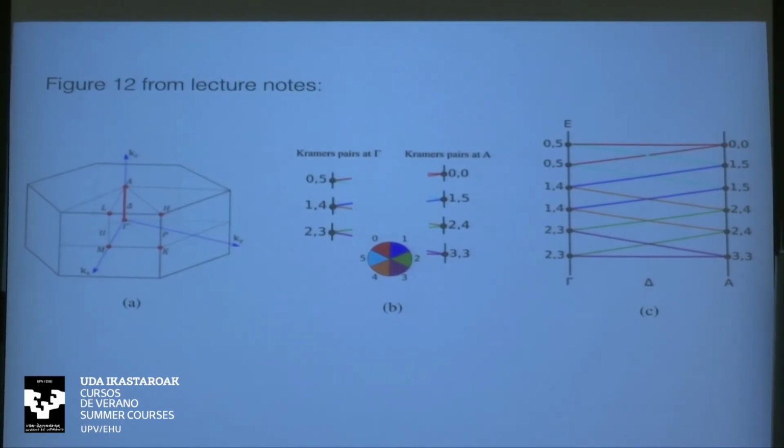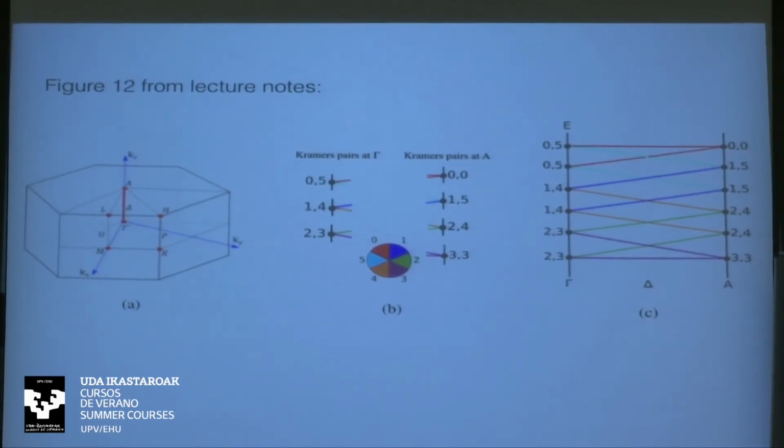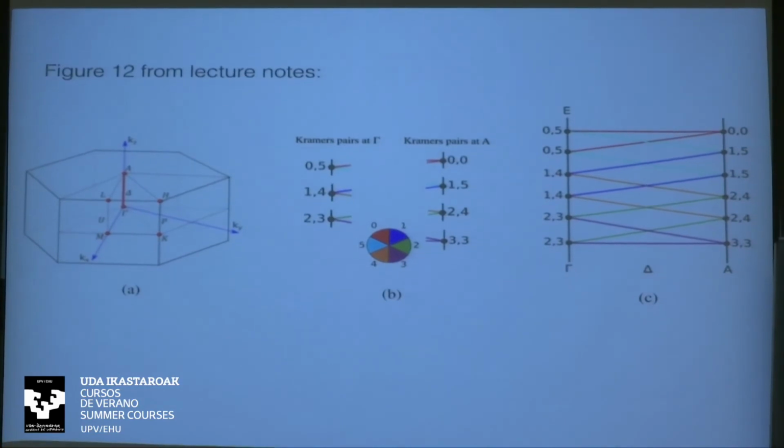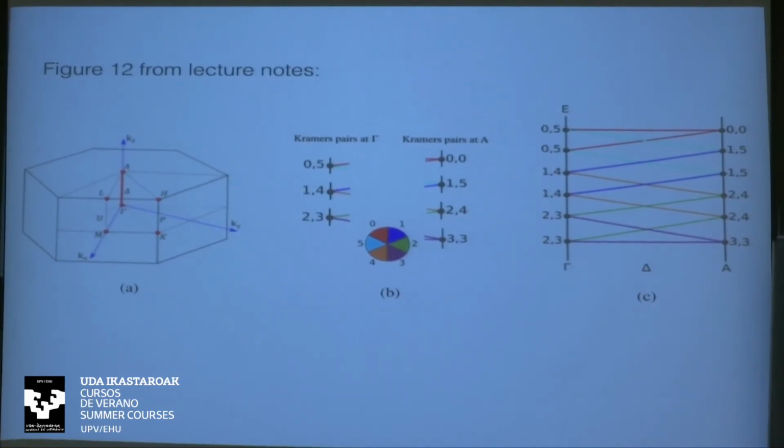And okay, I'm not going to repeat this argument in detail, but it works very similarly. You derive first the symmetry eigenvalues, and then you find at these time reversal invariant momenta gamma and A, you have to form these complex conjugate pairs of the states. And you find that you have a different pairing of states at the gamma point and at the A point, because you have this phase factor in the symmetry eigenvalues.